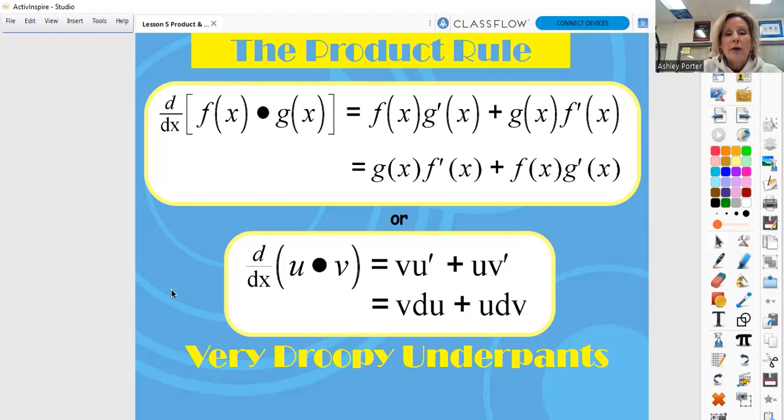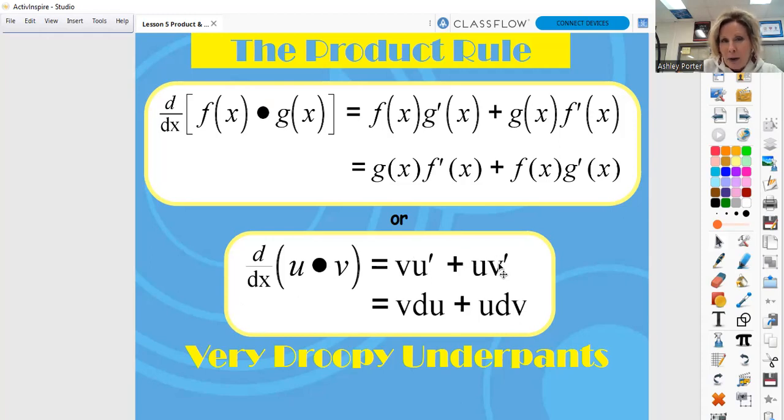Now, some people will express the product rule as a product of u times v, where it's understood that both u and v are functions of x. So instead of saying f of x g prime, g of x f prime, I'm going to say v u prime plus u v prime.